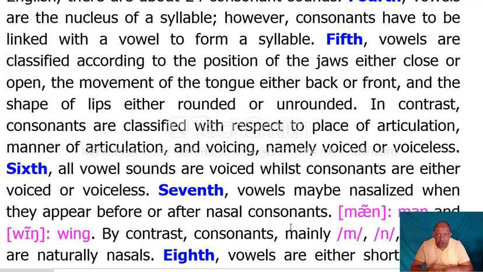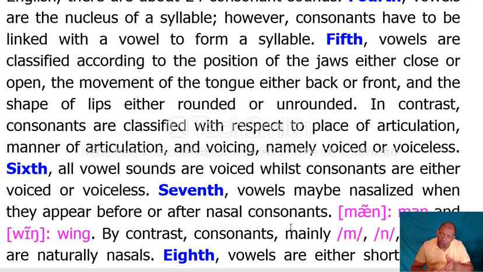Insofar as consonants are concerned, they are classified according to 3 parameters. Number 1, place of articulation. Number 2, manner of articulation. And number 3, voicing quality.